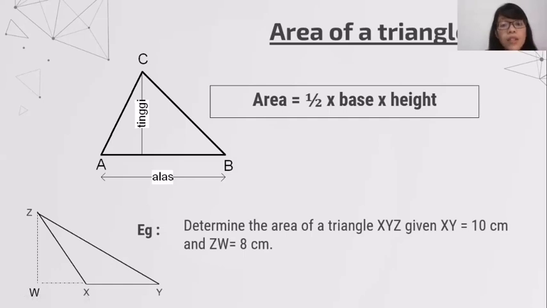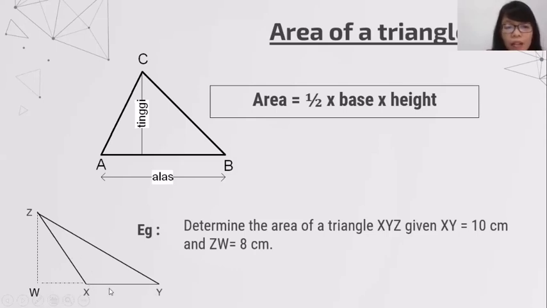Okay, so if you use this formula, it's obvious the base of this triangle is 10 centimeter. Kelihatan jelas ya bahwa alasnya 10 centimeter. But we have a problem about the height of this triangle.